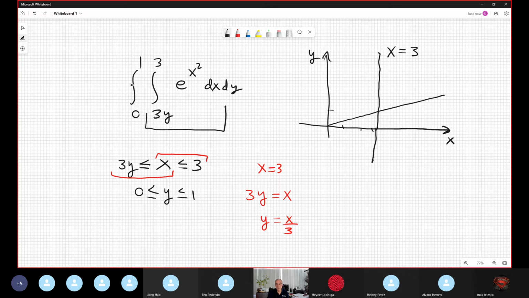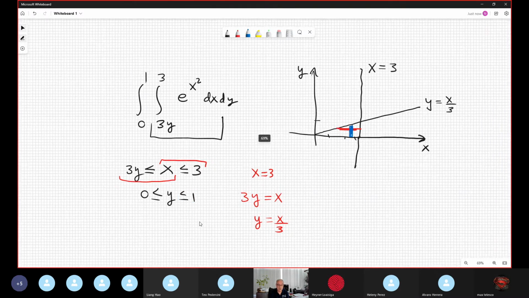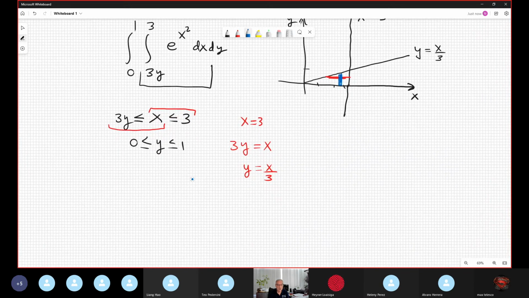Okay, this is 3, this is 1, this is the line y equal x over 3. Okay, so the student is doing this integration in that direction. So go from the line to the constant 3. Because integrate first, but I need to change. Well, no, I don't know if I need to change to this direction. Okay, the y direction. The problem is when I try to do my best, I set up the integral.